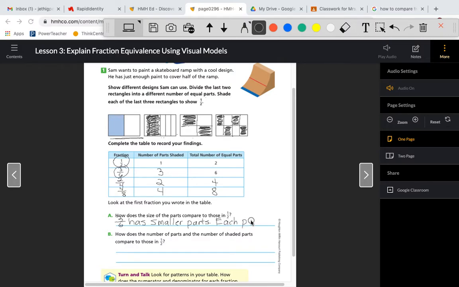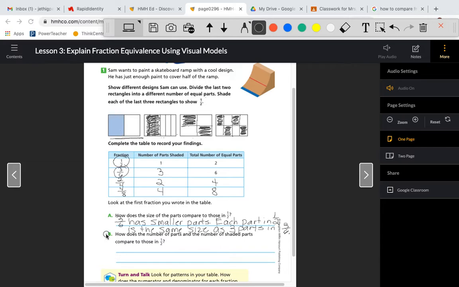Each part in 1/2 is the same size as 3 parts in 3/6. So what we're saying here is that 1 part in 1/2 is the same size as 3 of those in 3/6.